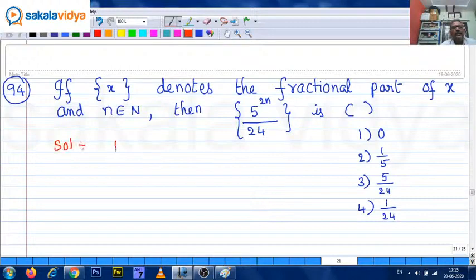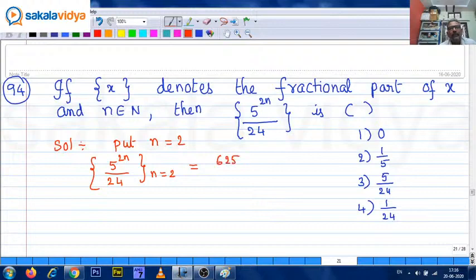Here put n is equal to 2, no problem, you can substitute. Then 5 to the power of 2n upon 24 becomes, when n is equal to 2, 5 to the power of 2 into 2, 5 to the power of 4. 5 to the power of 4 is 625 upon 24.